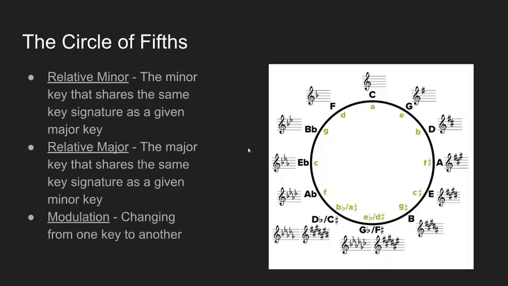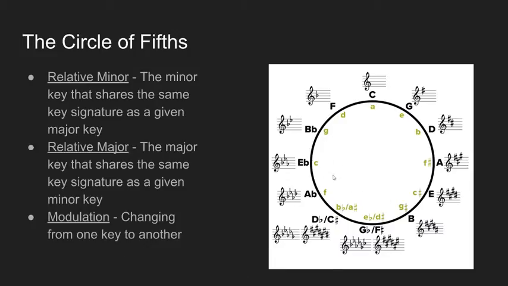Cool. So a relative minor is a minor key that shares the same key signature as a given major key. To clarify, all of the capitalized letters on the outside of the circle represent major scales. Everything on the inside of the circle are minor scales, or minor keys, I should say.